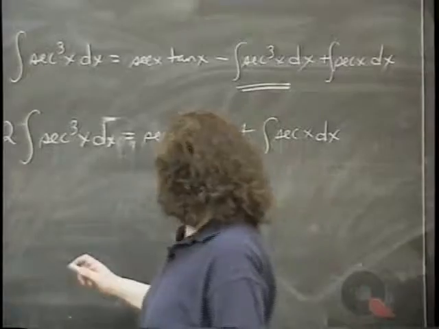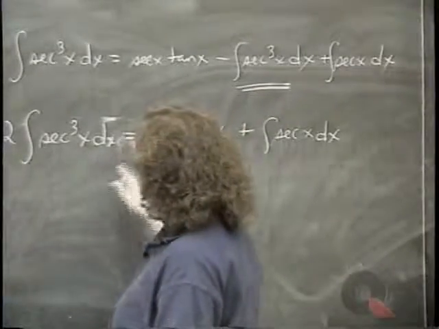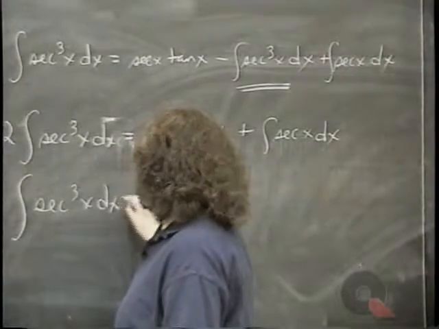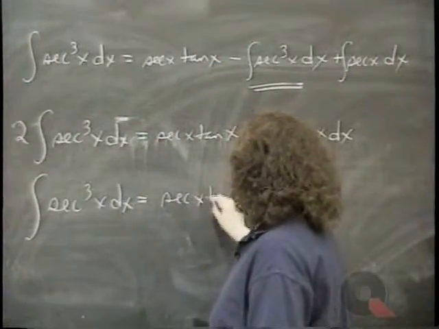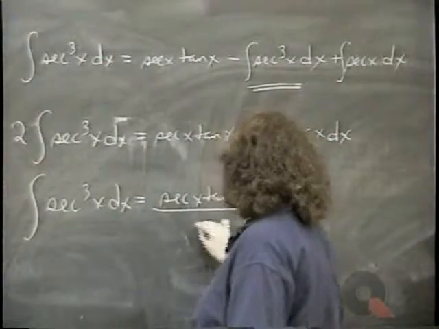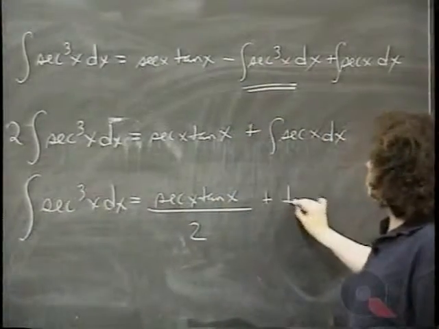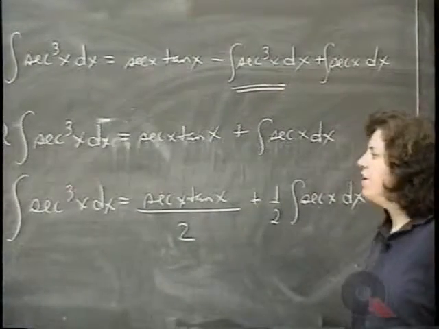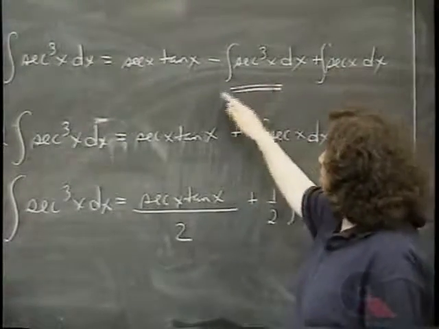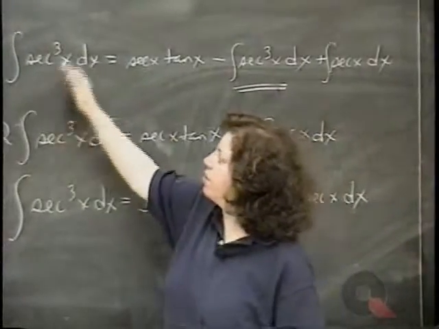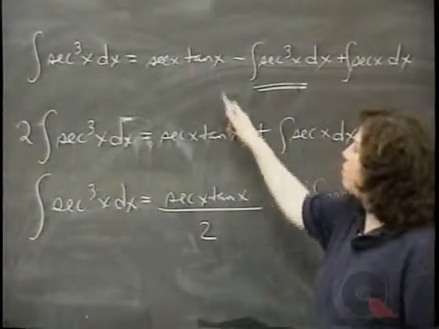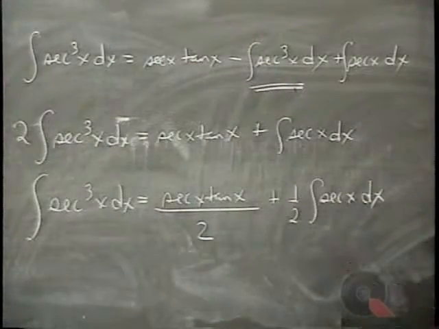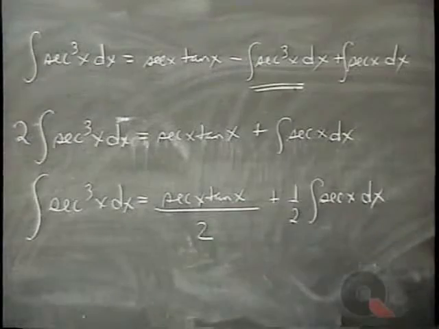Okay, and now dividing by 2, the integral of secant cubed x dx would be secant x tangent x, divided by 2, plus 1/2 the integral of secant x dx, which is one of our basic integrals, which we're supposed to know.